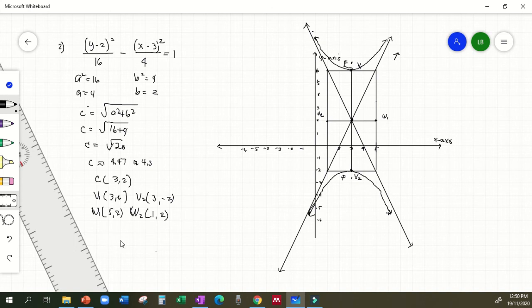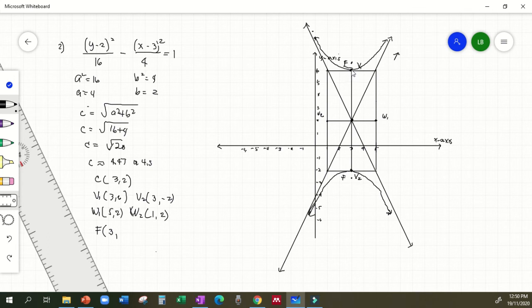So, and then the focus, so yung focus natin ay ito. So, 3. Yan. Ito yun. Yung x natin ay 3.